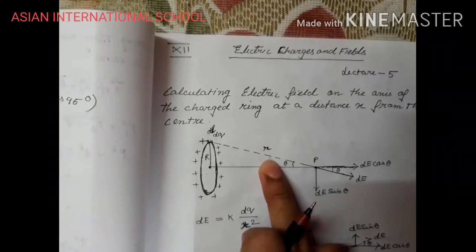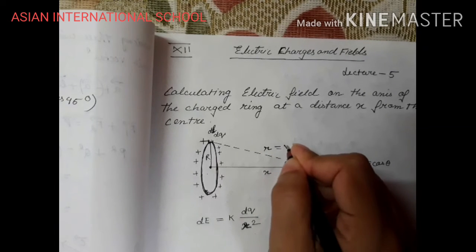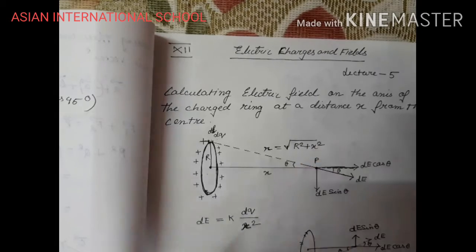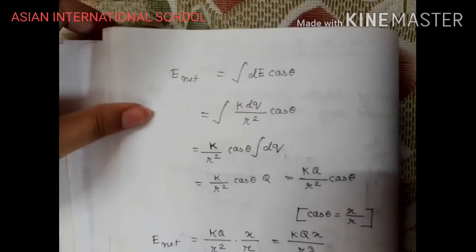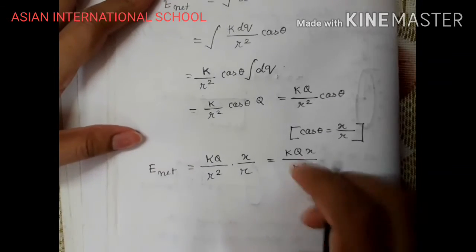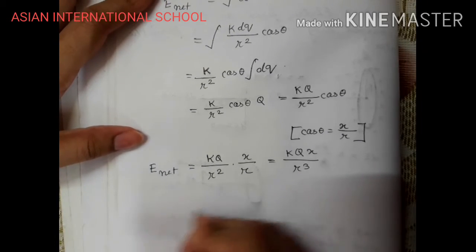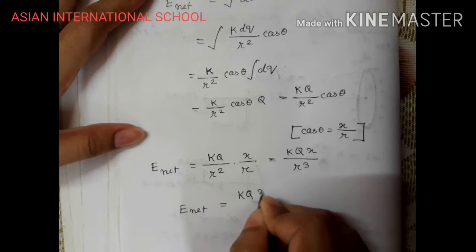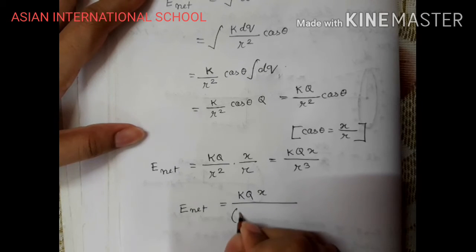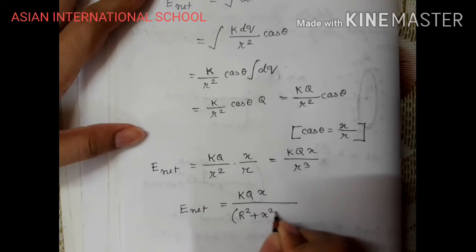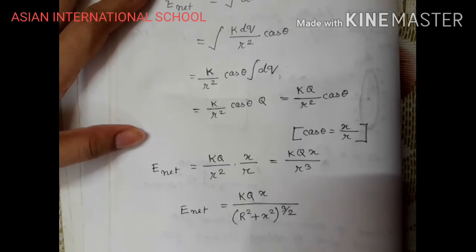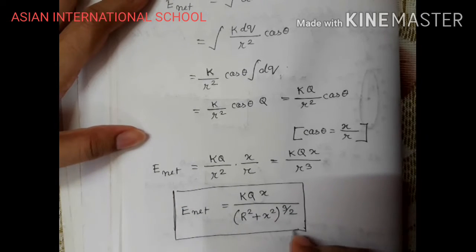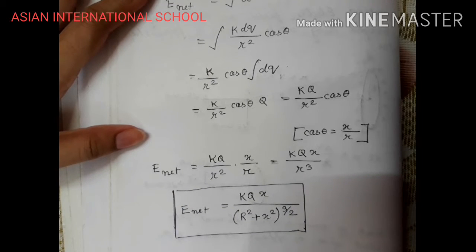From the diagram, r is equal to root over r square plus x square. Substituting for r cube, I get E net as k q x divided by r square plus x square, to the power 3 by 2. So this is my net electric field at a distance x from the center of the ring.